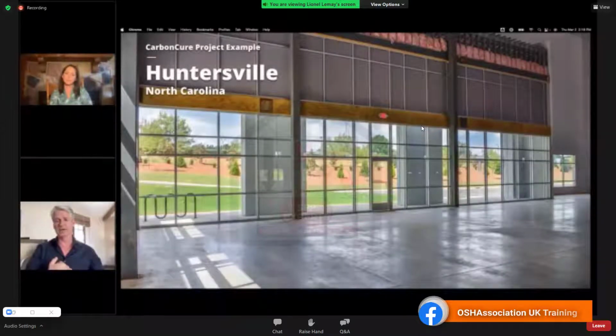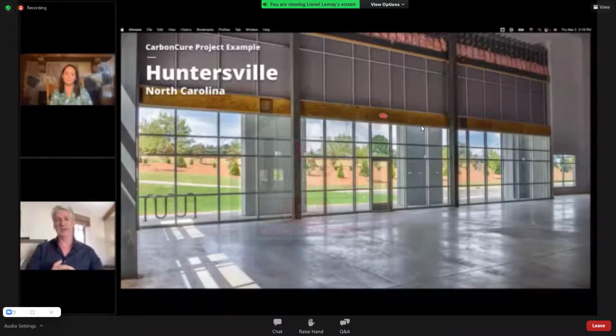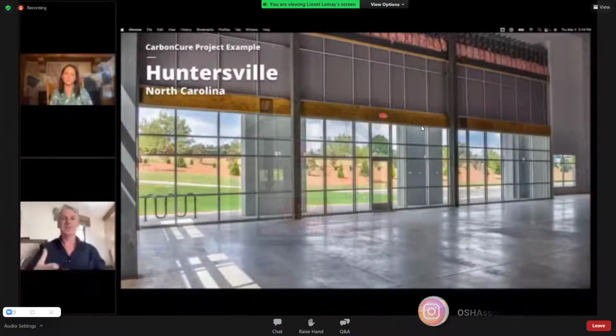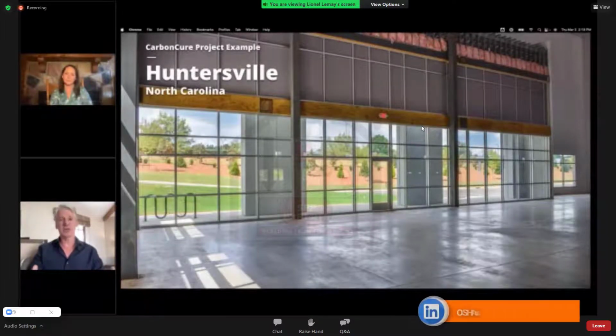It's just north of Charlotte, near Lake Norman in Huntersville. We just delivered 2 buildings there. And we used CarbonCure there, and it was the fact that your process is actually removing what would be CO2 going into the atmosphere as part of the manufacturing process of the concrete.